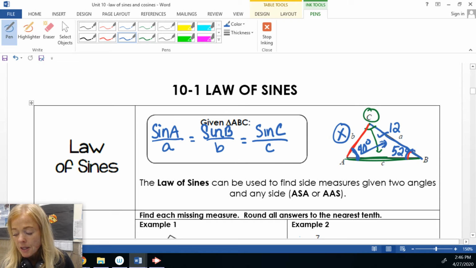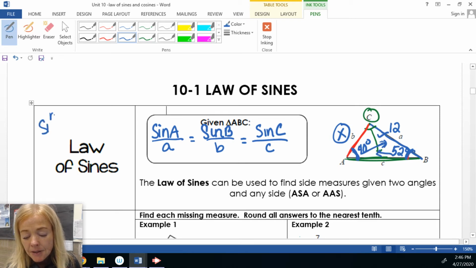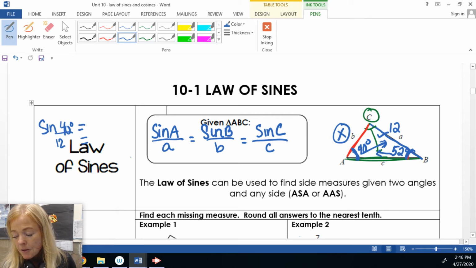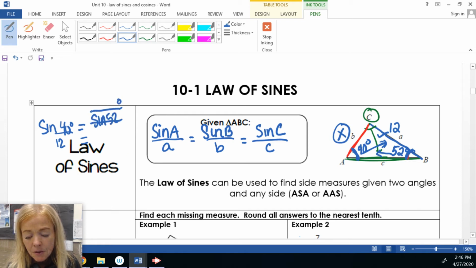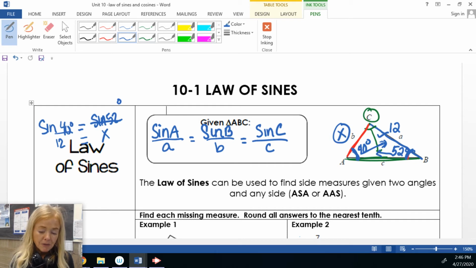Which I do. I have an angle but not the side opposite, and that's fine because I have sine 40 over 12 is going to be equal to sine 52 over x. All right, and that gives me, sine 40 is just a number, sine 52 is just a number, 12 is a number.